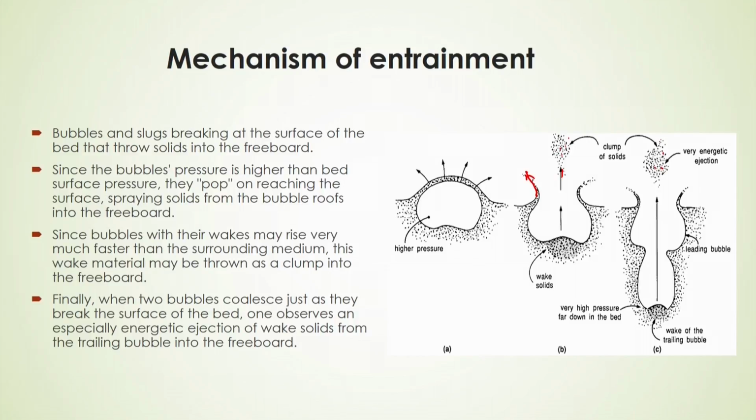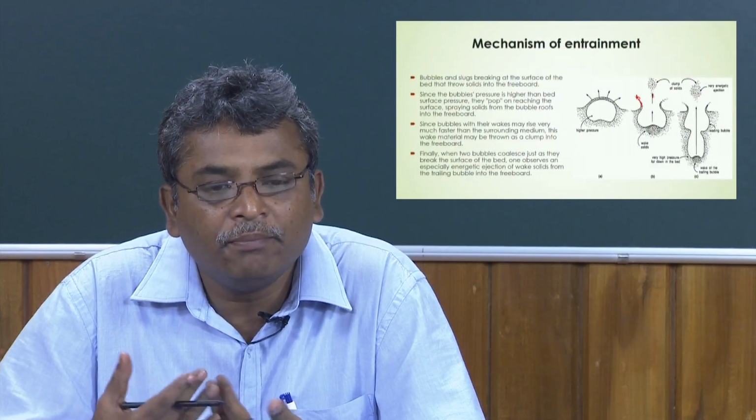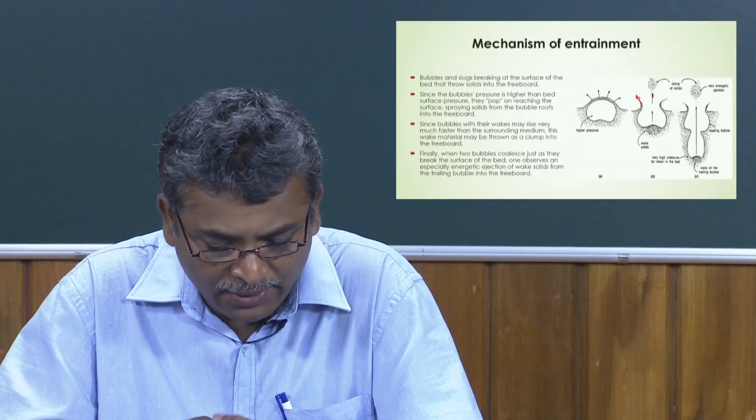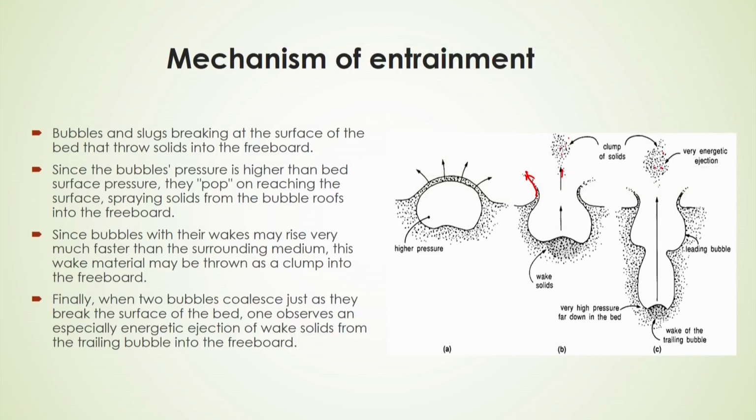Since bubbles with their wakes may rise much faster than the surrounding medium, this wake material may be thrown as a clump into the freeboard. Finally, when two bubbles coalesce just as they break the surface of the bed, one observes an especially energetic ejection of the wake solids from the trailing bubble into the freeboard.